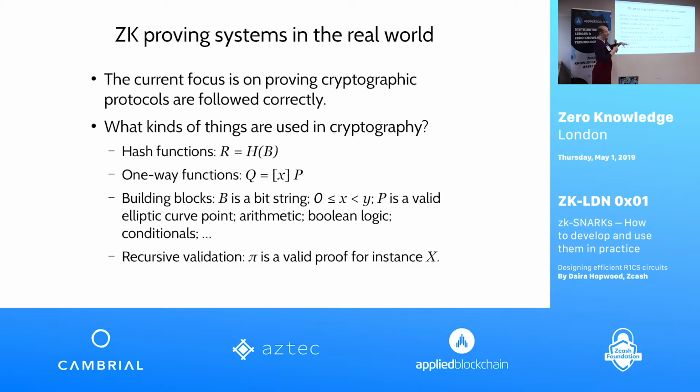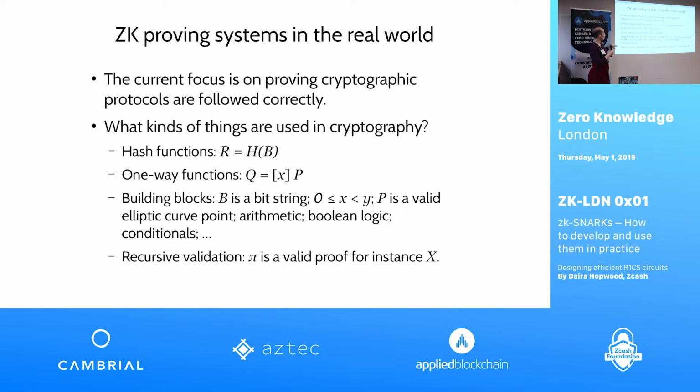And we also need some things that are easy when you're computing in an ordinary programming language, but are kind of tricky to express in these constraint systems. So things like the type, so you have bit strings, integers in a particular range.